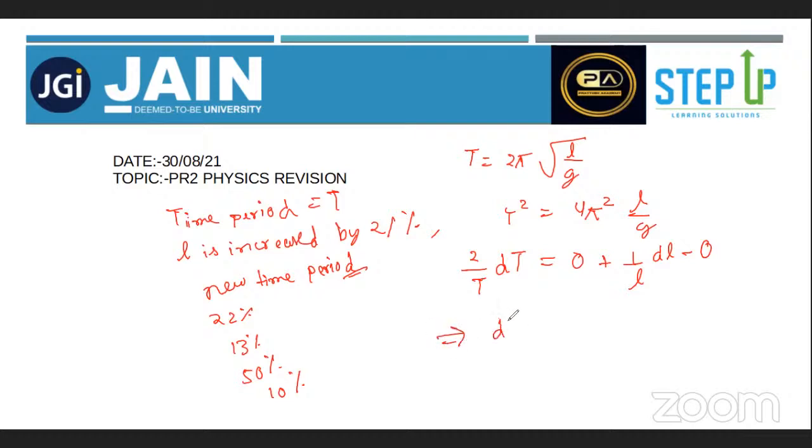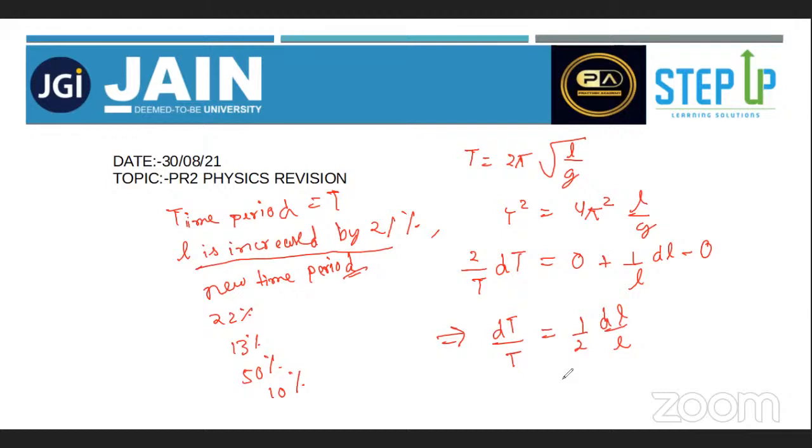So basically what I'm getting is dT by T is equal to 1 by 2 dL by L. Now L is increased by 21%.